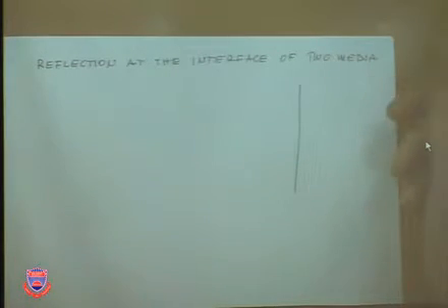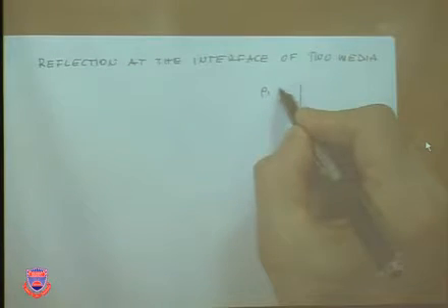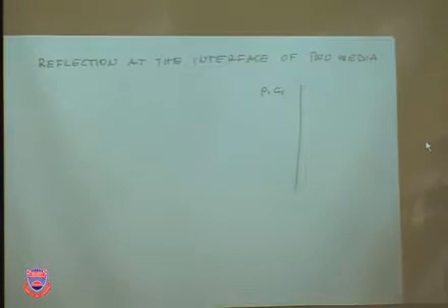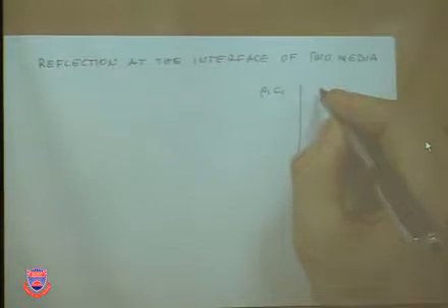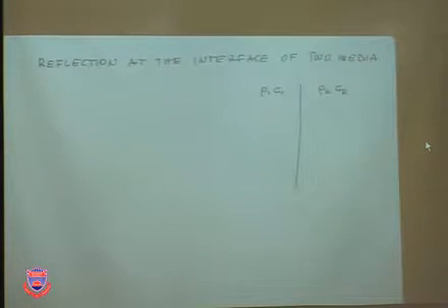This line separates the two media, and we'll have on one side a fluid with a density ρ1, speed of sound C1, and on the other side we have ρ2, C2.